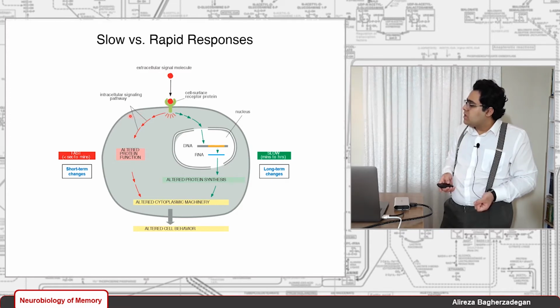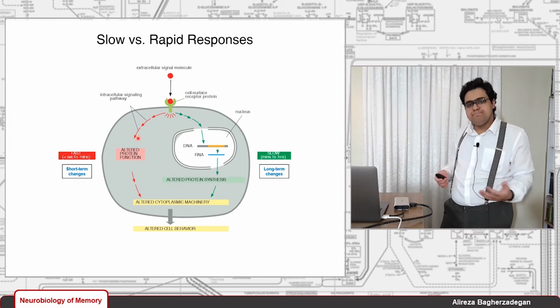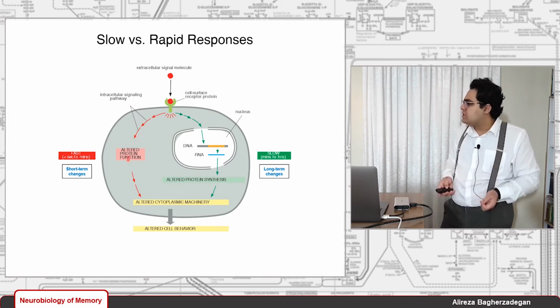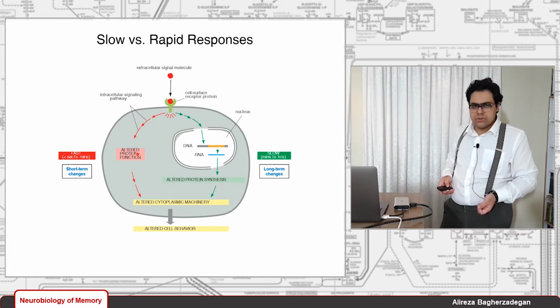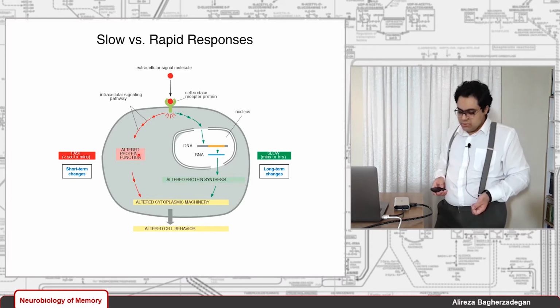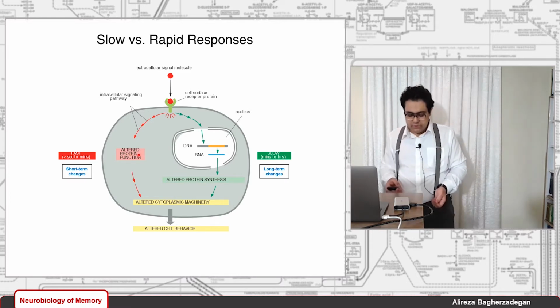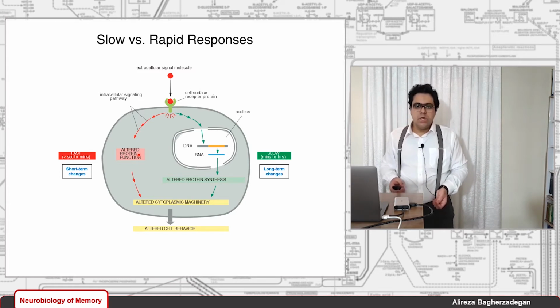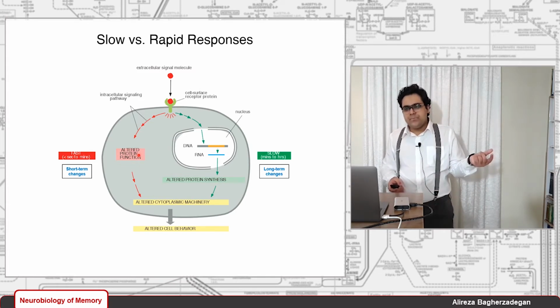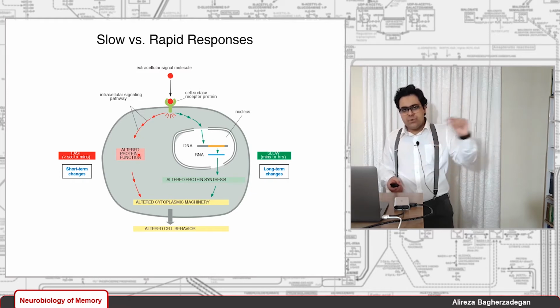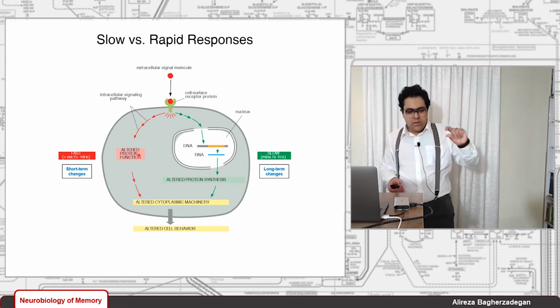Okay. So this is an intracellular signaling pathway, those molecular interactions between transducers and effectors. We're going to have altered protein function. How is a protein's function altered? There are some transducers, some enzymes, for example, kinase enzymes, which add a phosphate group to a protein.